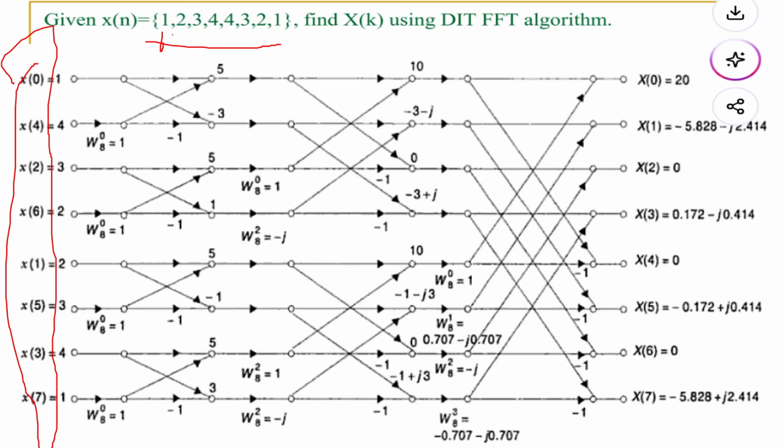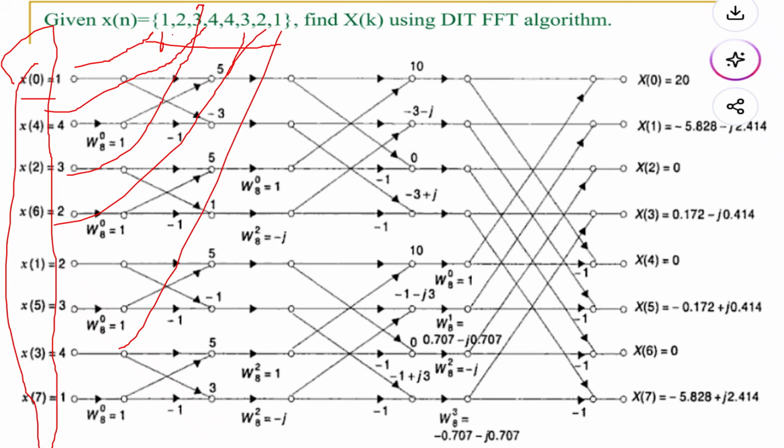So x0 is equal to how much? 1, it is given. x4 is equal to how much? Here 1, 2, 3, x4 is this 4. And x3 is 3. And x6 is 3, right? x6 is the 2, 1. Okay, x7 is 1.